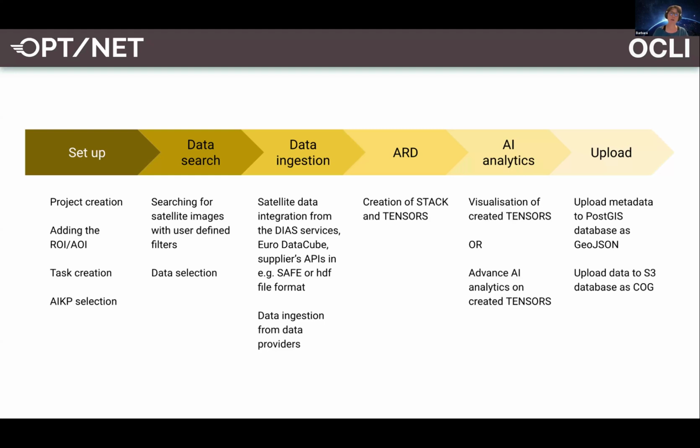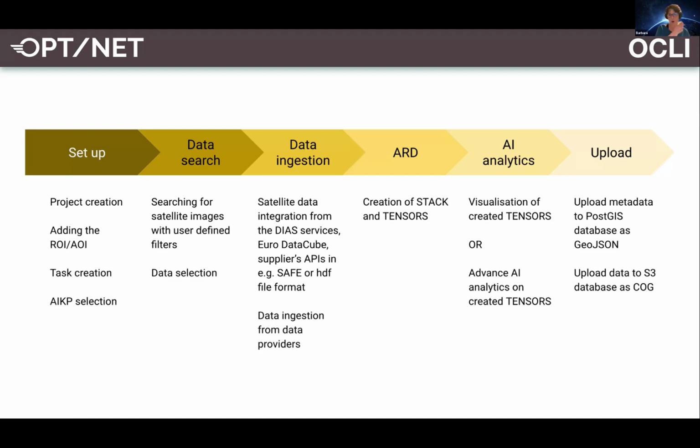The analysis ready data, I would like to come back to that for a second, has two levels to it. You have the creation of stacks and you have the creation of tensors. If we are looking at satellite data or EO data, you usually have level 1, level 2, level 3. So think of stacks as level 3 data and tensors as level 4 data.